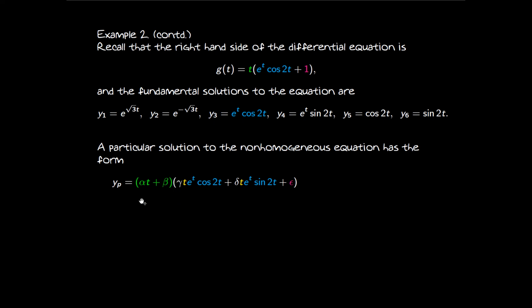So instead of using the product of two constants, we're going to simply write the product as, for example, a capital A. The capital A here is just alpha times gamma. And the capital B here is actually alpha times delta, and so on. So this will be the particular solution.